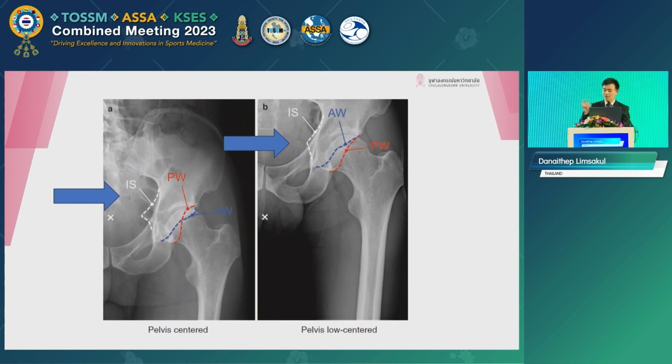When the center is lowered, as in the picture on the right, you can see that the crossover and the ischial spine signs are negative, and therefore an acetabular retroversion would have been missed. So this is another key if you try to interpret the film in the hip X-ray instead of the pelvis AP.